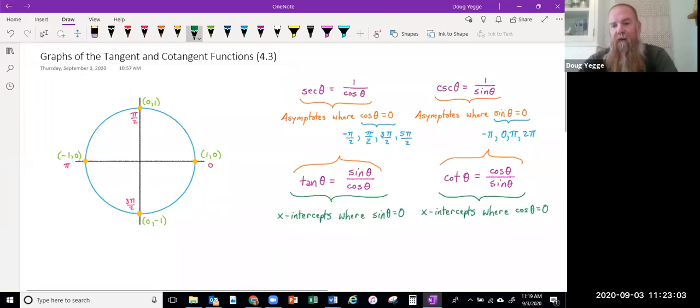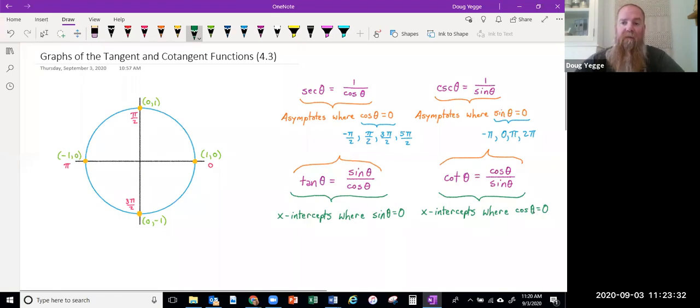Similarly, cotangent of theta will equal 0, giving us an x-intercept, when the numerator is 0. So the x-intercepts for cotangent will happen when cosine of theta is equal to 0. We can still see that sine and cosine values that equal 0 are very important components for tangent and cotangent, some of which yield asymptotes, some of which yield x-intercepts.